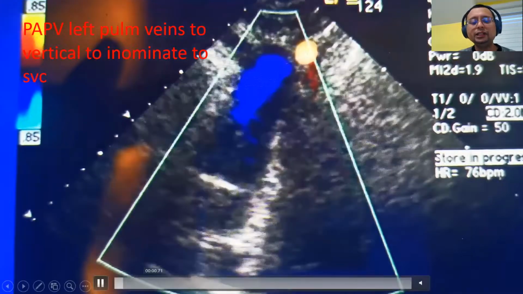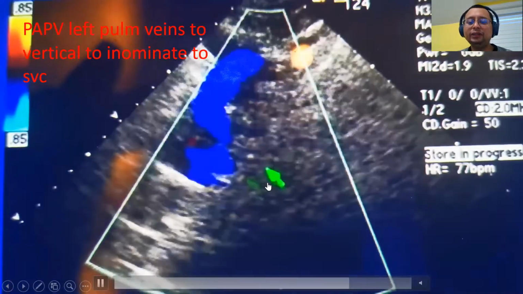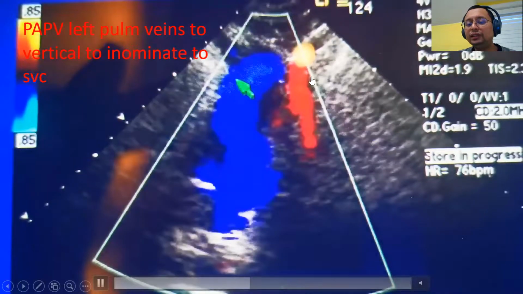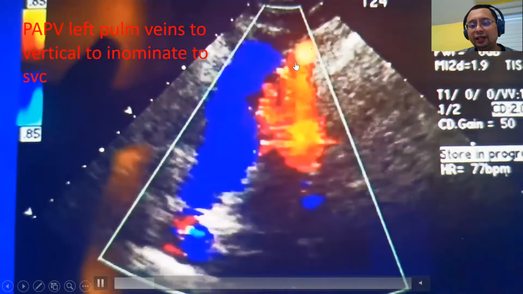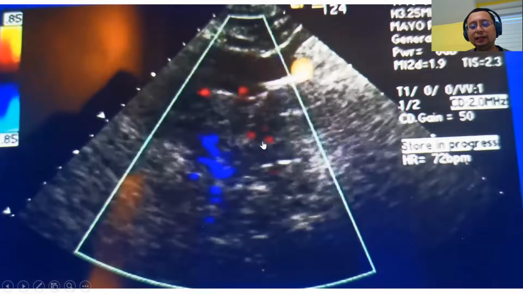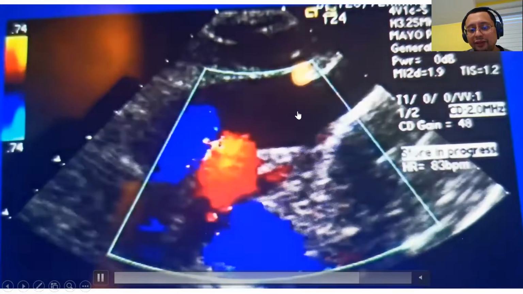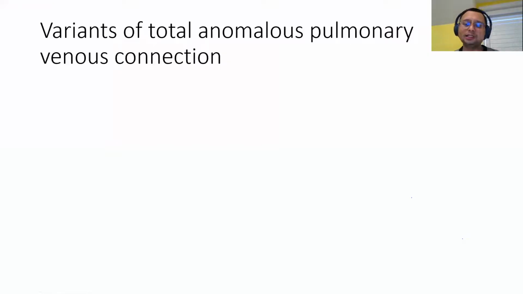What happened in this patient is the left pulmonary vein, rather than draining into the left atrium, so this red flow going up actually drains to the vertical vein back to the superior vena cava. This is the vertical vein there, back to the superior vena cava. I'll show you the next image. This is a better image. So your left pulmonary vein goes into the vertical vein, back into the superior vena cava, rather than going back to the left atrium. That's an example of partial anomalous.